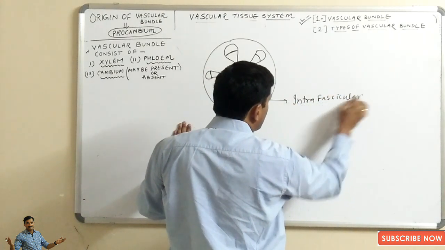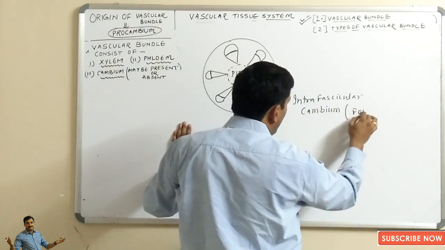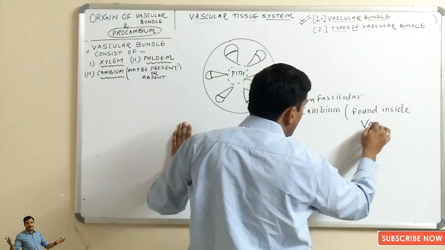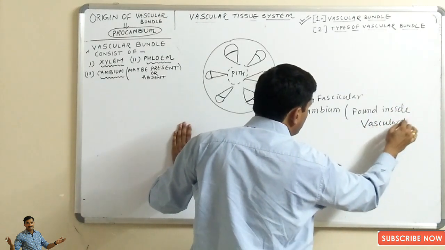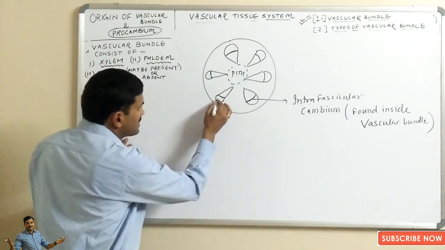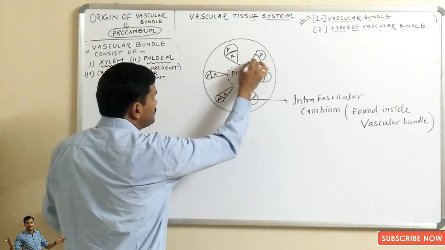Intrafascicular cambium. What is intrafascicular cambium? Found inside vascular bundle. Okay, now what is this? Phloem, xylem. These all are phloem and xylem.